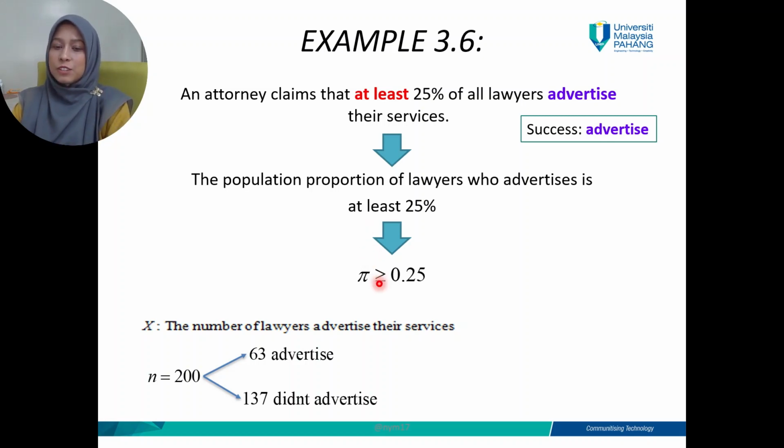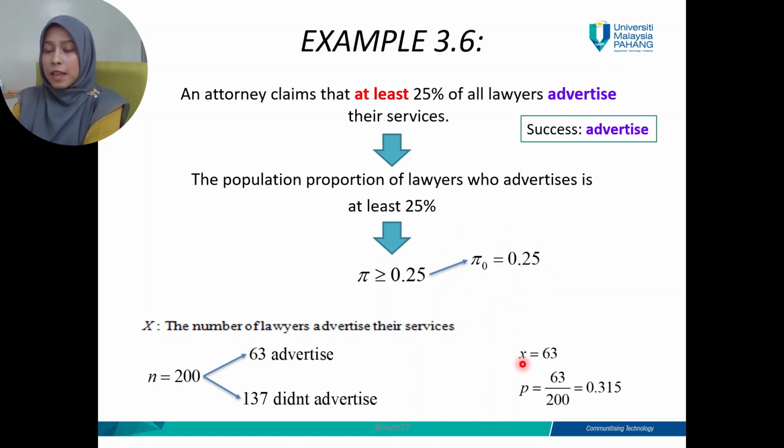So at least is greater than or equal, and the hypothesized parameter is retrieved from this 25%, which is also equivalent to a 0.25 proportion. So the statistical notation for your claim is pi greater than or equal to 0.25. That is your hypothesized proportion.